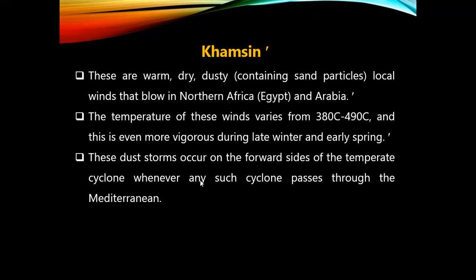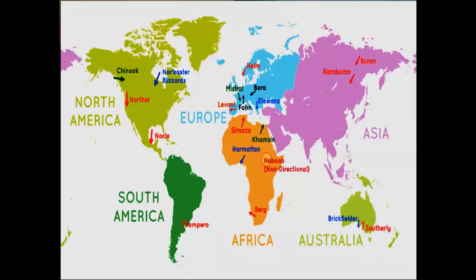These dust storms occur on the forward sides of the temperate cyclones whenever any such cyclone passes through the Mediterranean region. The figure on the screen discloses the location of the Khamsin winds.